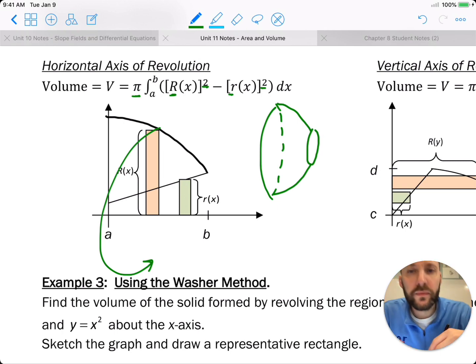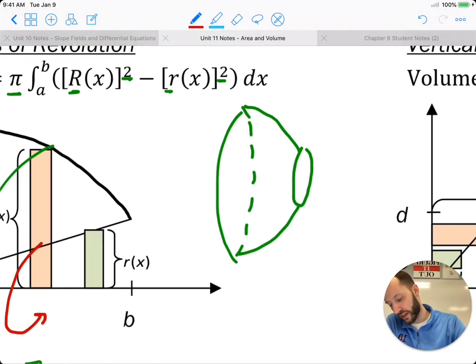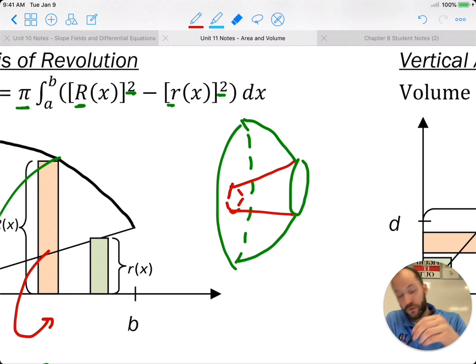That's better. But then there's also a smaller radius that's also revolved, and the smaller radius cuts out a part of it. So it creates a hole in the middle of the shape, okay?